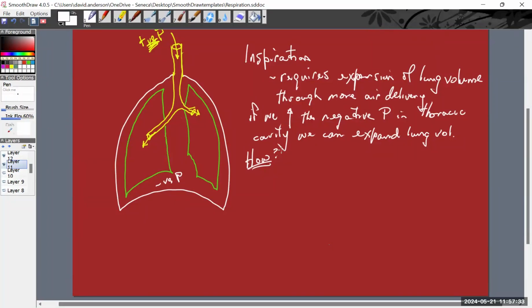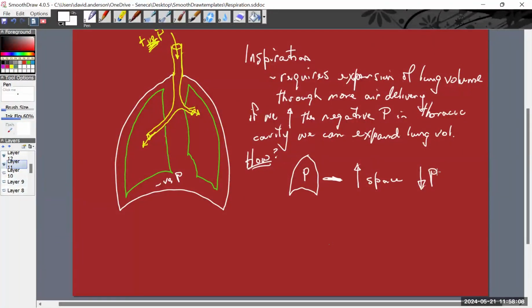He called it Boyle's law, and that's because his name was Boyle. And what he said was, if you have a given pressure in a space, so in this case, it's our thoracic cavity space, if we increase the space, it's going to result in a decrease in pressure.